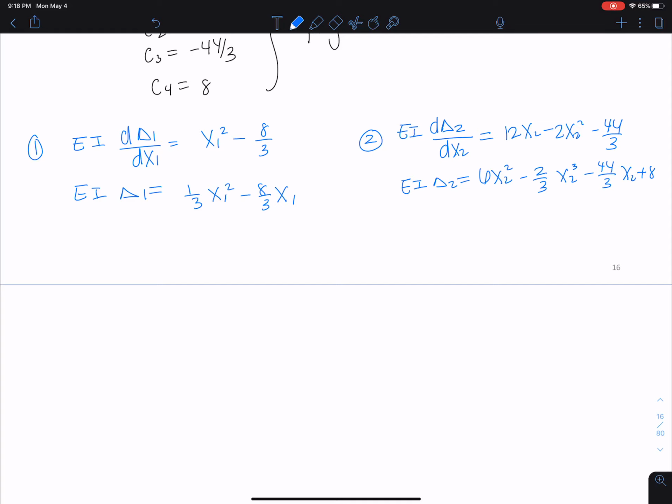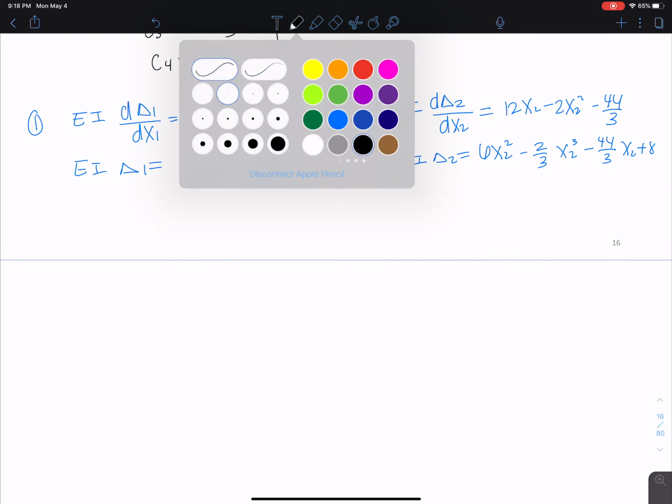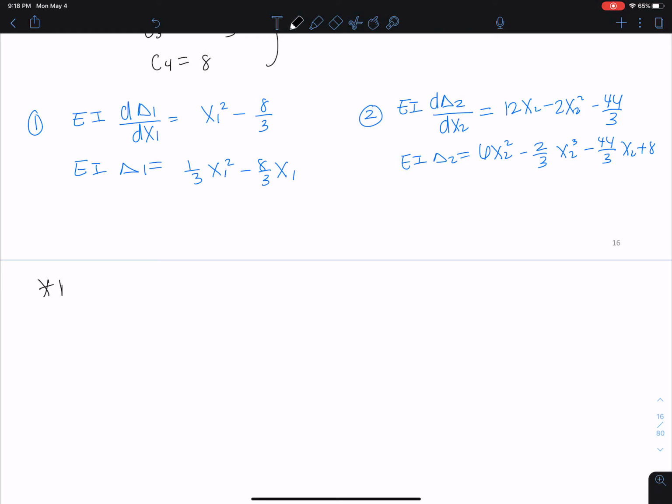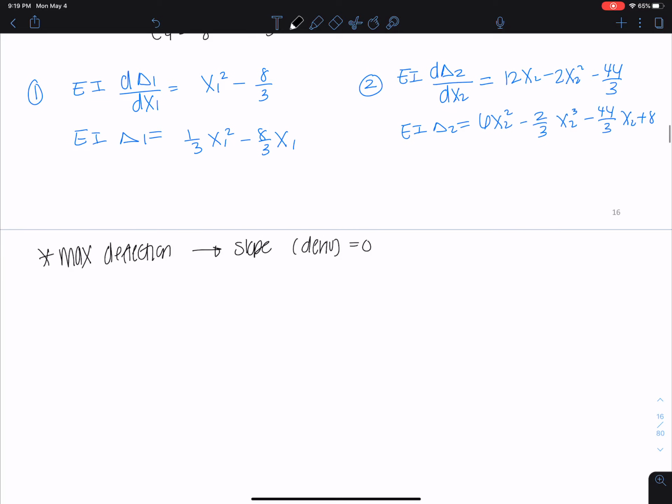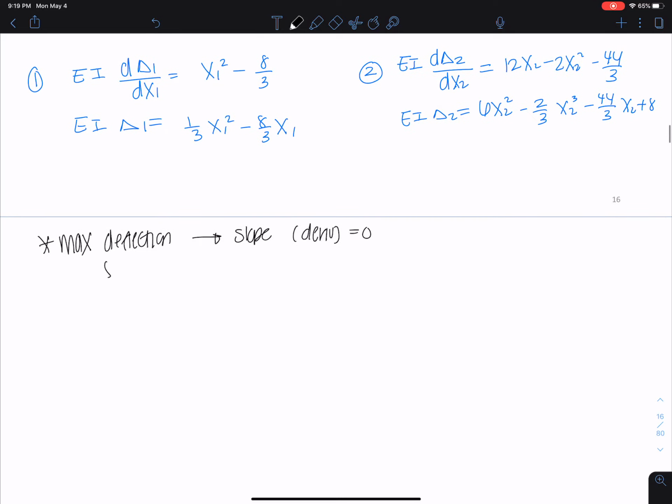Okay, and if I wanted to find the max deflection, which is what the problem asks for, I need to remember that max deflection occurs when slope or derivative equals 0. So basically max delta occurs when d delta dx equals 0.